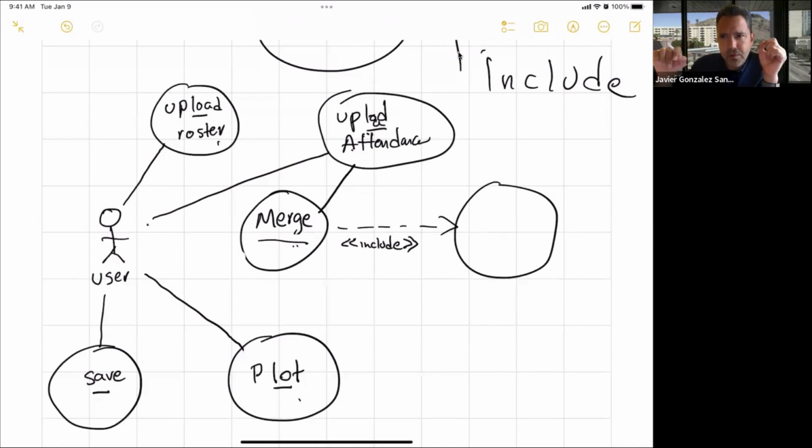We need to continue talking about this, but so far, I think every single time that I upload a file, that uploading the file is going to include that file being merged with the other, because I really do not need attendance if it's not for merging with the roster. Moreover, do you remember that merge has a special case in which you validate what happened with someone who is in the attendance but was not in the roster?